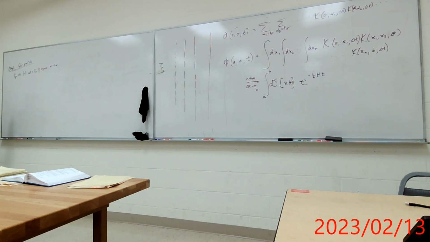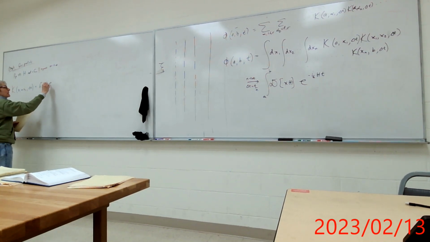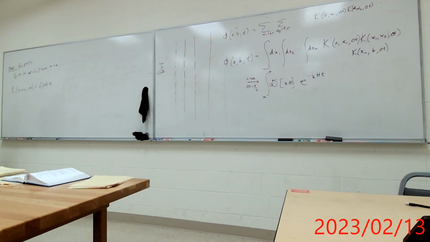So it could depend on that. And so what we're going to say is that the k, from going from x1 to x2 in a time delta t, might be some function of the time, and actually it is a function of the time, times some exponential, which is only a function of the distance between x2 and x1. And it can't depend on the direction, okay? It can only depend on the distance.